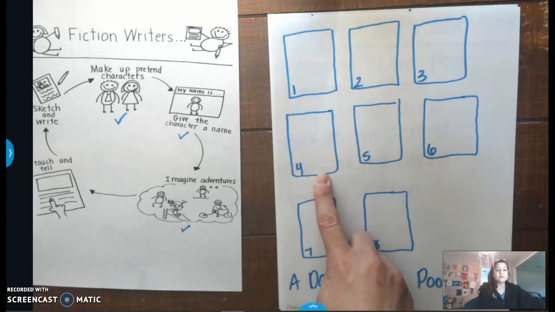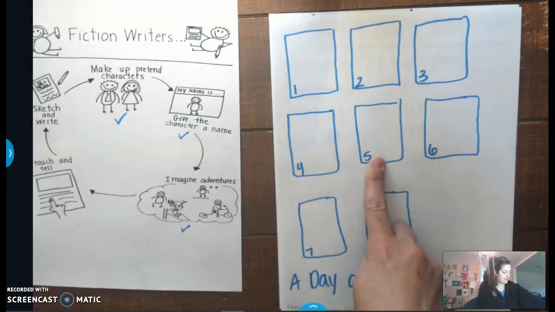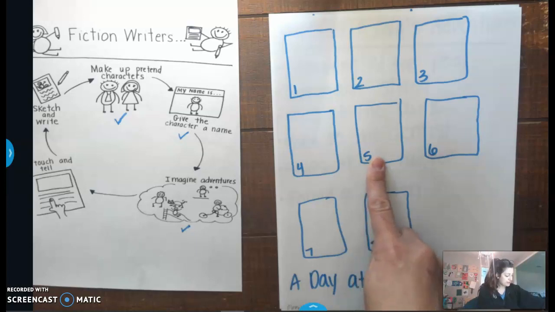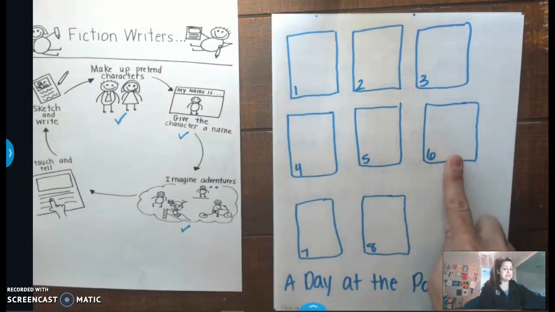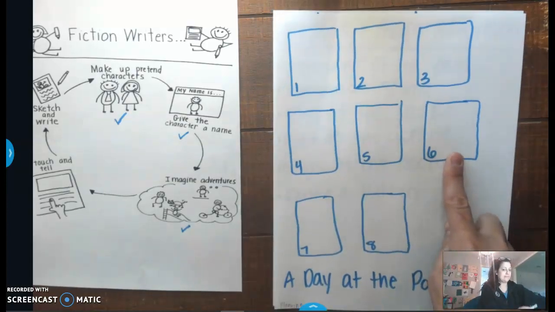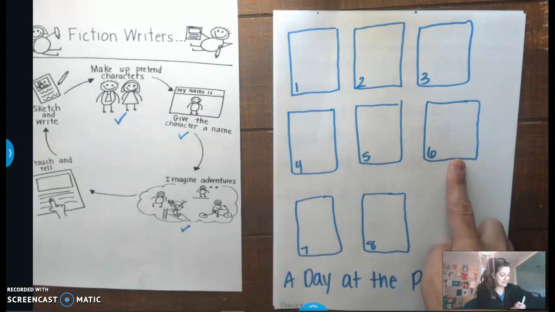Oh no, what will we do? Asked Hudson. Page 5. They turned around to walk back home, filled with sadness. Now we're on 6. On the walk home, they heard a happy sound. It was the ice cream truck.